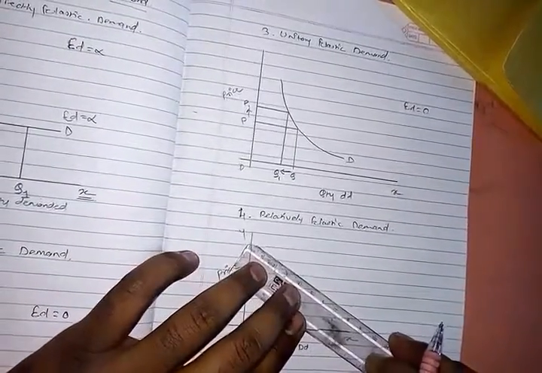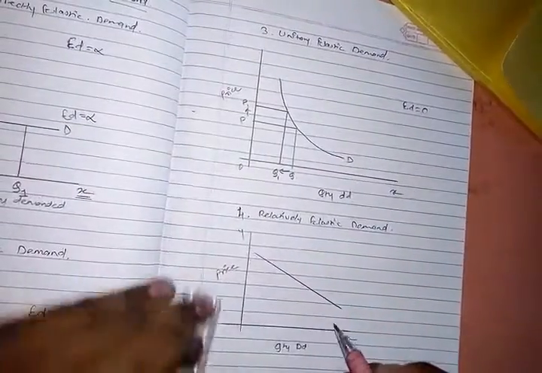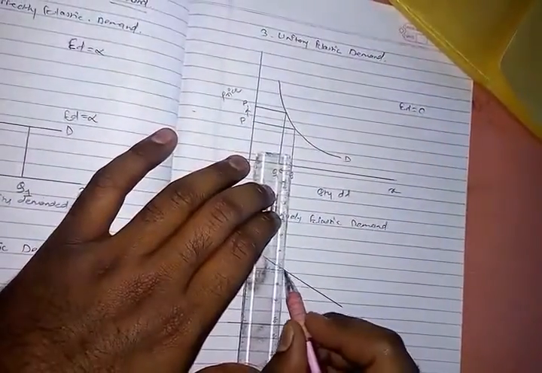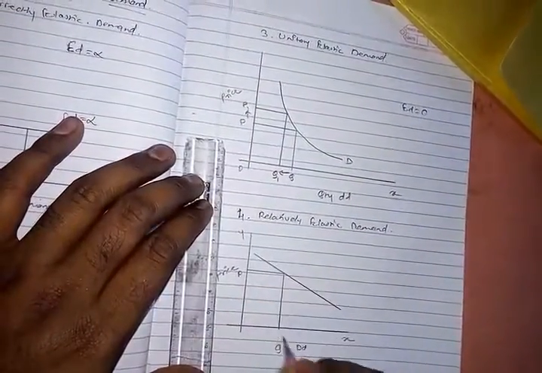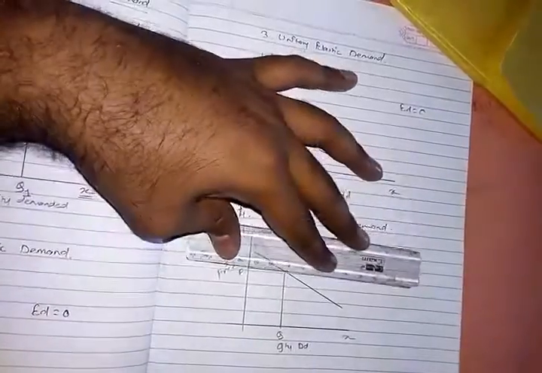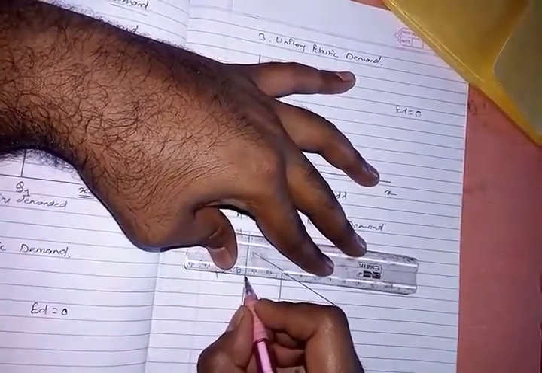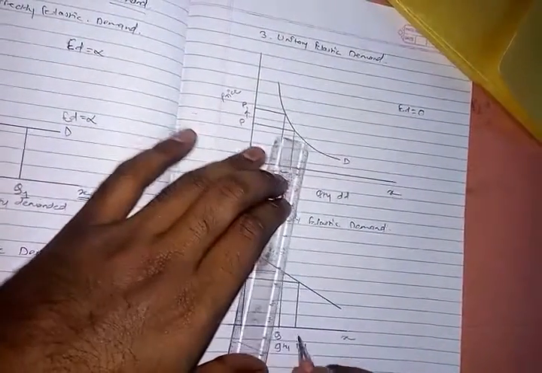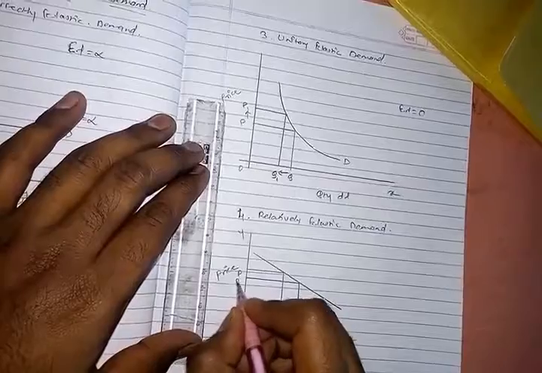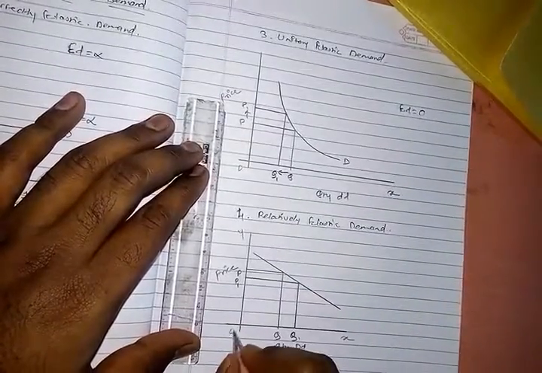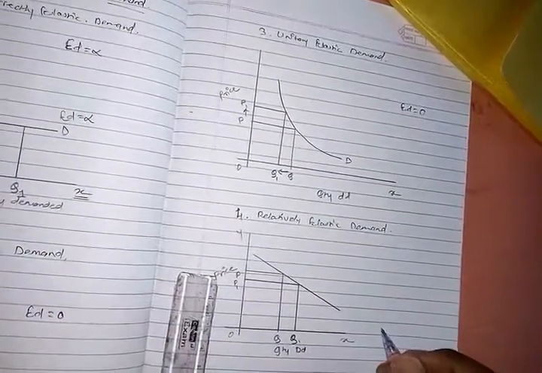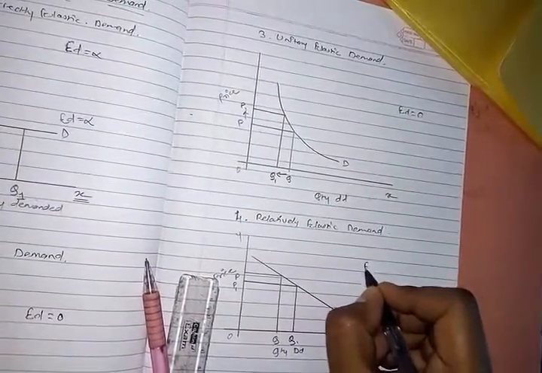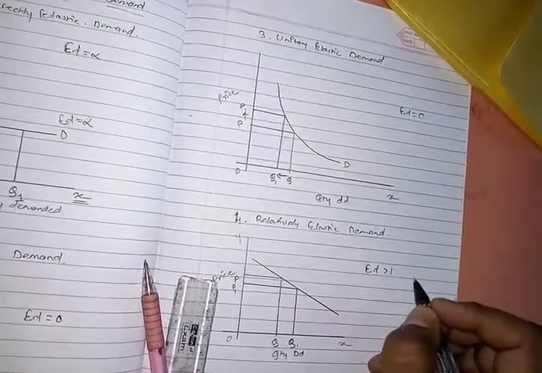So here the demand curve is flatter. If the price of a commodity X is P and quantity demanded is Q, and the price decreases by 50%, the quantity demanded rises by 75%, to Q1, and the price will be P1. It can be shown symbolically as elasticity of demand is greater than 1.